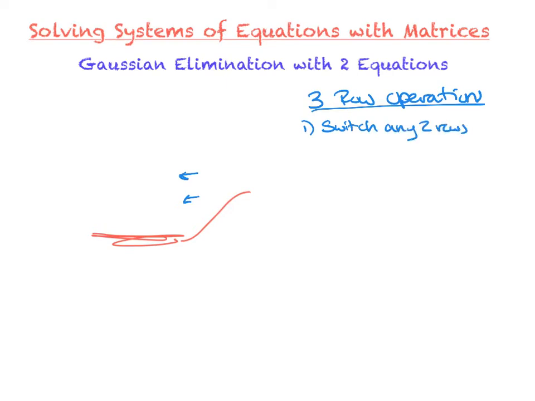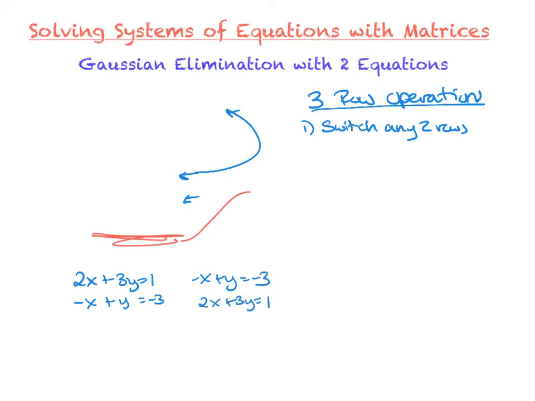Now remember, each row simply represents an equation. So if I switch row 1 with row 2, it's kind of like writing 2x plus 3y equals 1 versus negative x plus y equals negative 3, or negative x plus y equals negative 3, and 2x plus 3y equals 1. I'm just switching the order of the two equations.